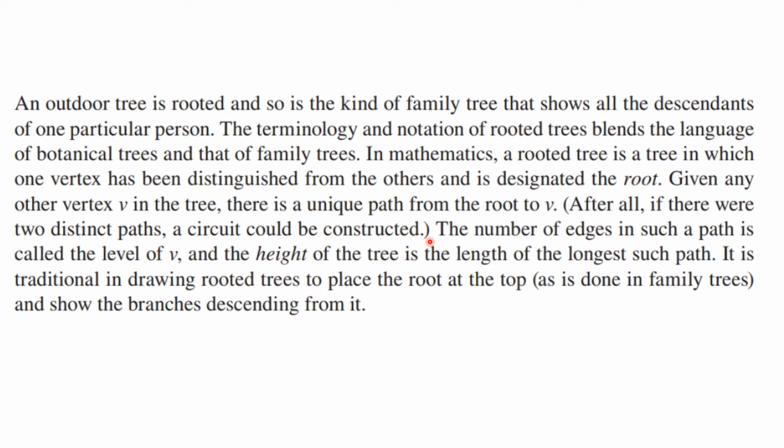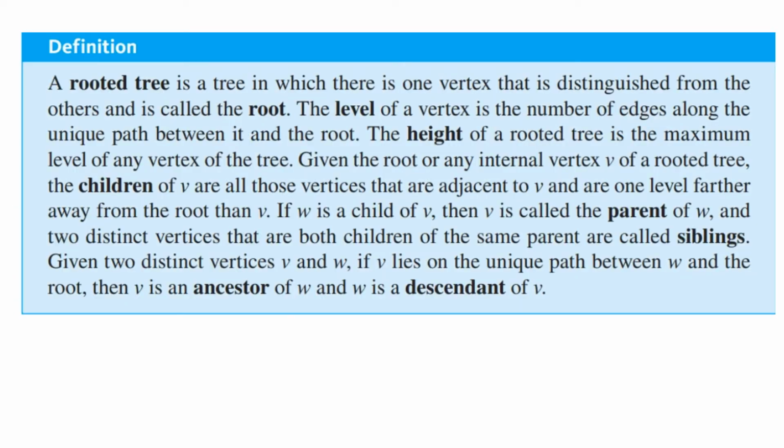The number of edges in such a path is called the level of v, and the height of the tree is the length of the longest such path. It is traditional in drawing rooted trees to place the root at the top, as is done with family trees, and show branches descending from it. Here are more formal statements of those definitions.